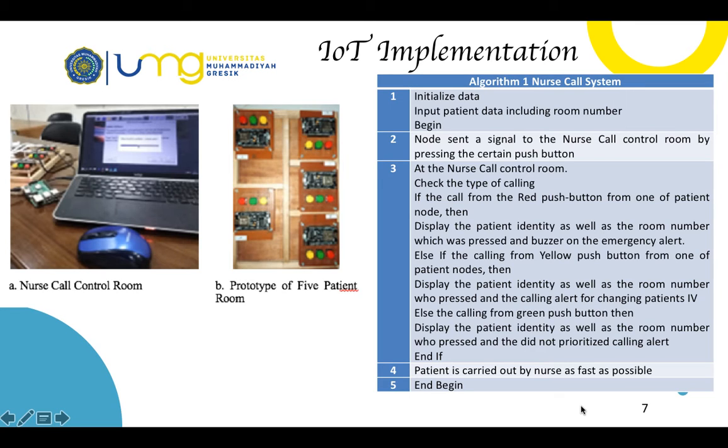Else, if the call is from the yellow push button, it will display the patient identity as well as the room number and the calling alert for changing the patient's IV. And if it is the green push button, it will display the room number and the patient identity, and they do not prioritize the calling alert.